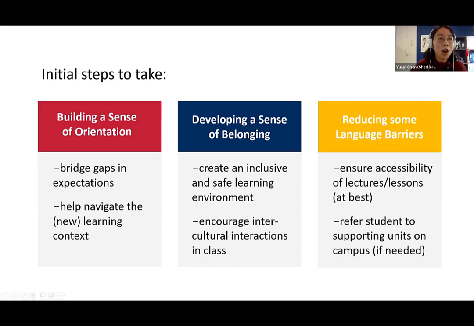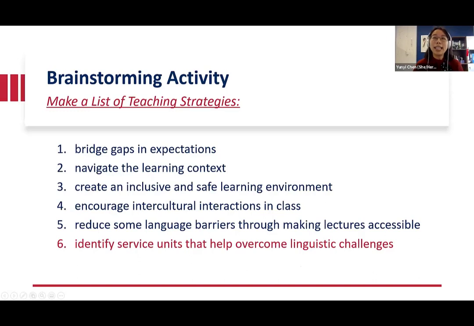Okay. So I've been talking for a while, and I think it's time for us to do a brainstorming activity. What I would like to invite you to do is to visit a Google Jamboard, which has 6 pages in total. Each page addresses one of the initial steps as I listed here. You will need to brainstorm teaching strategies and post at least one strategy on each page.